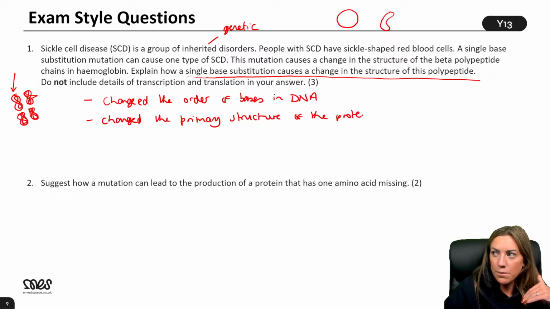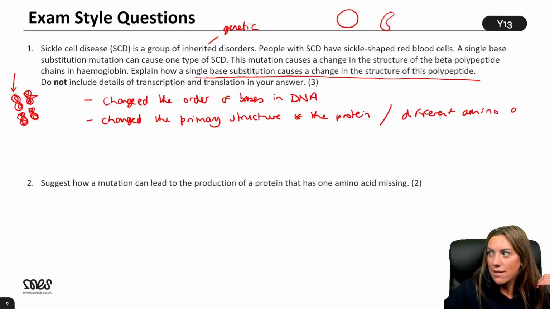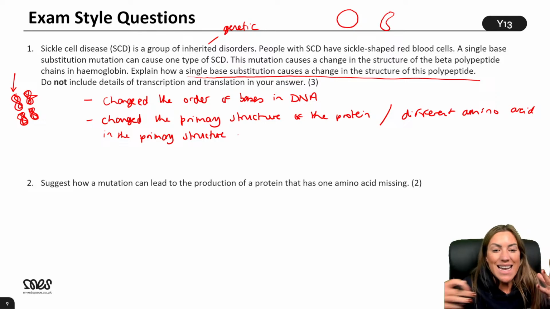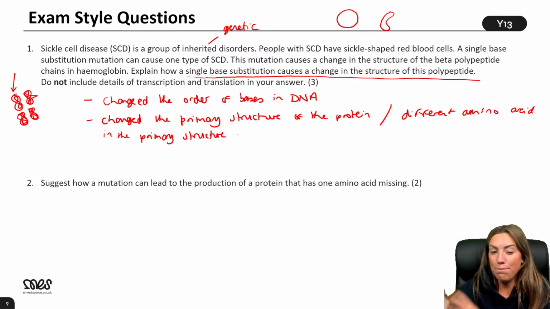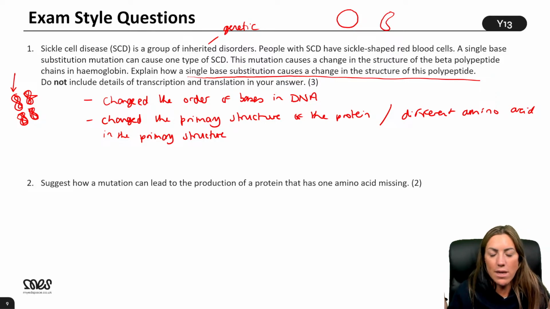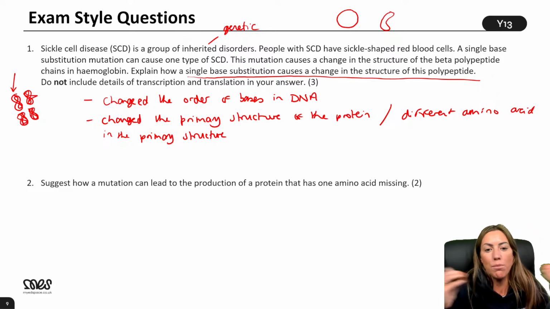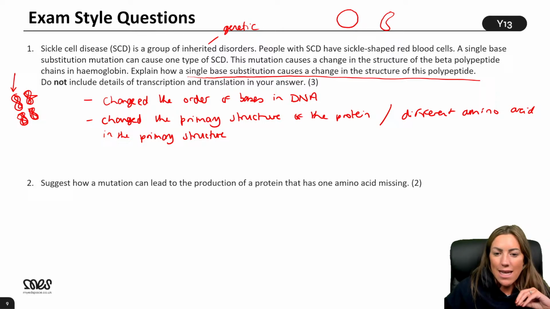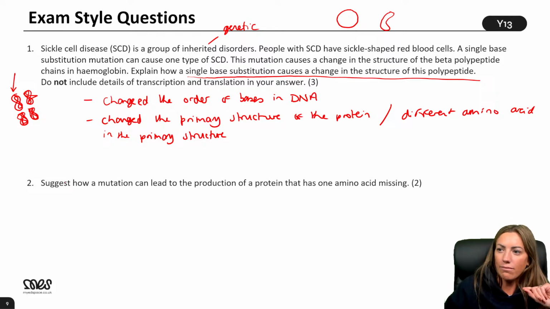Or you could say a different amino acid in the primary structure. So you're basically going to have a different amino acid in that sequence of amino acids. So you've changed the sequence of amino acids. You could say you've changed the primary structure, or you've now got a different amino acid in the primary structure.